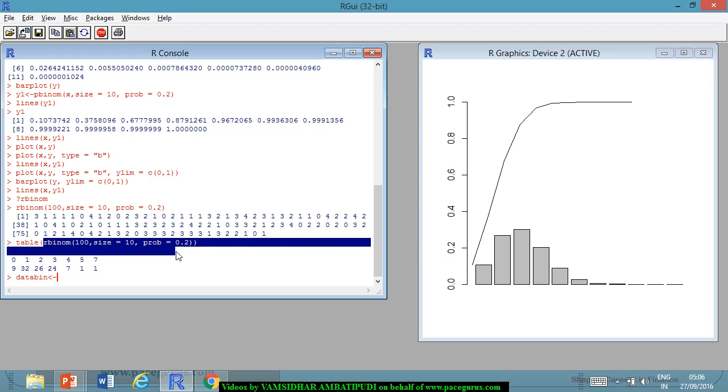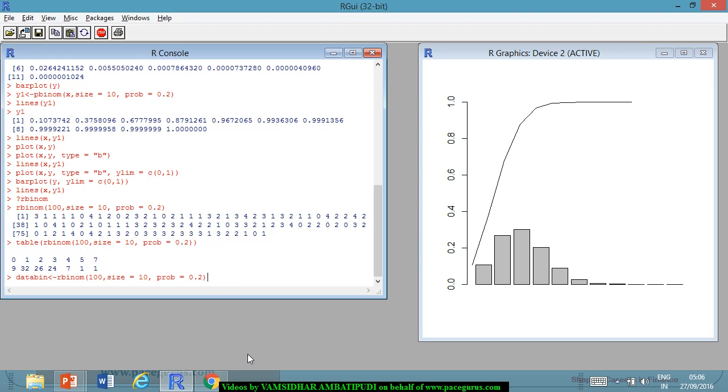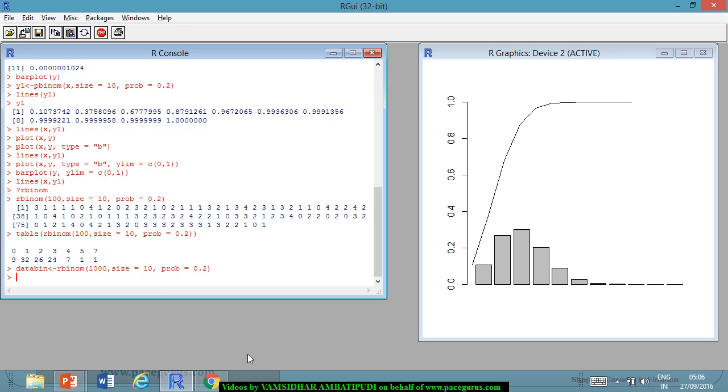Randomly let me generate this data, right? So instead of 100, let me generate it to 1000, so that I can showcase all our calculations quite comfortably. Now I have generated 1000 data points, size is 10, probability is 0.2.